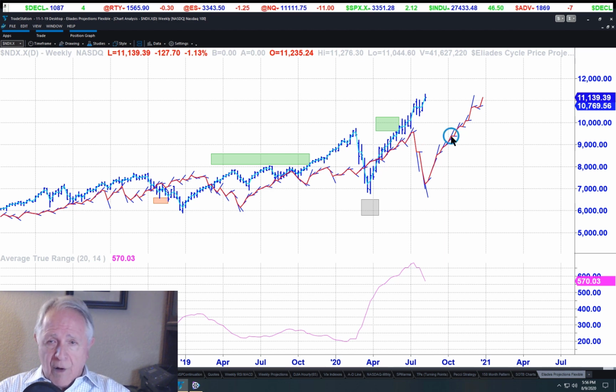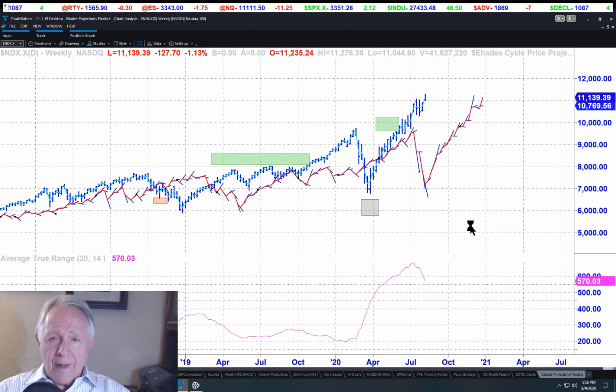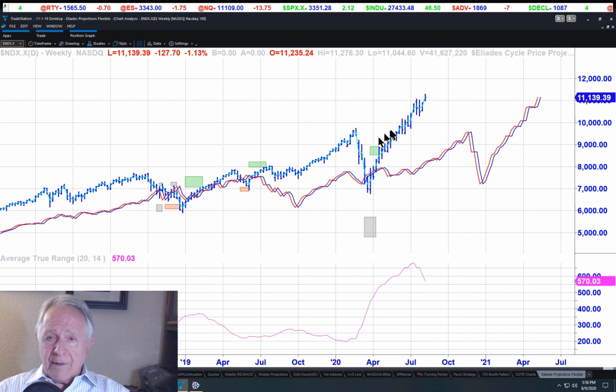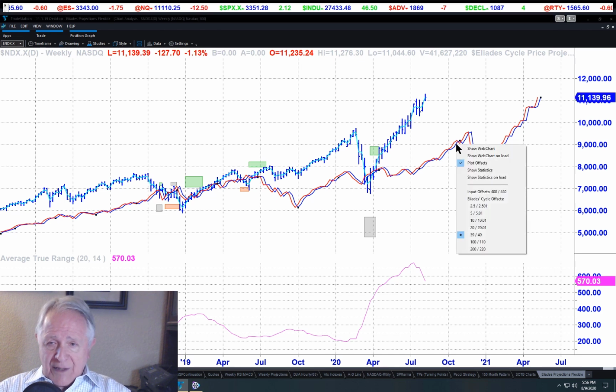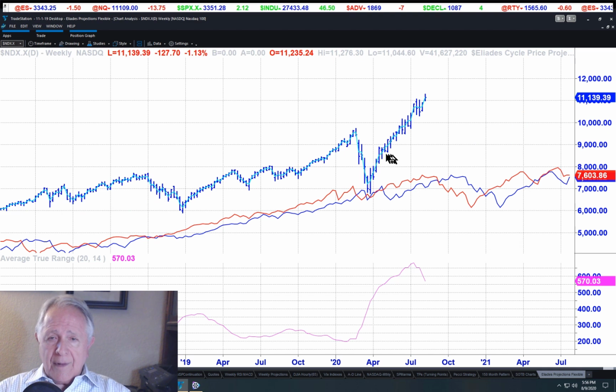Let's go to the next longer offset, 39 to 40. Same thing happens. Here's the upside from the move just below back at the March low. Let's go to the 100 to 110. See how it came down to that offset? But there's no crossing to give us much higher projections here.